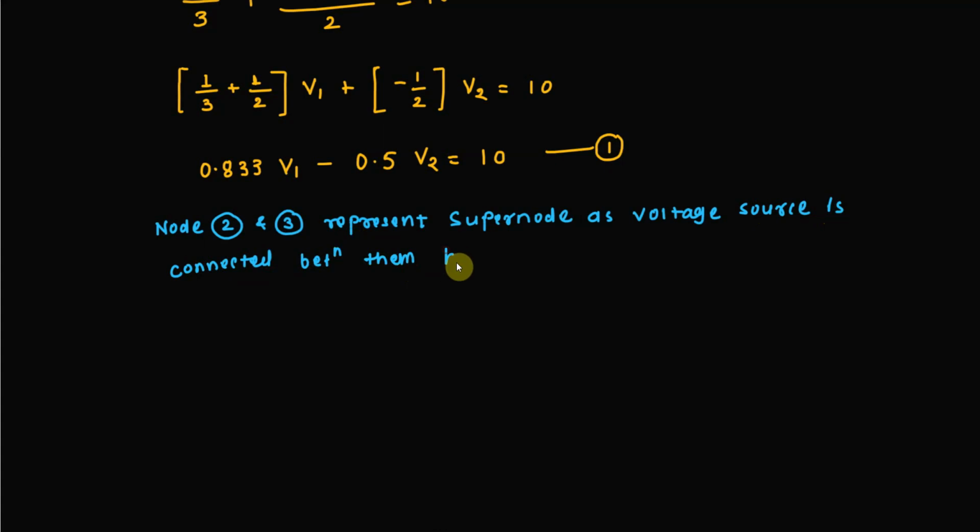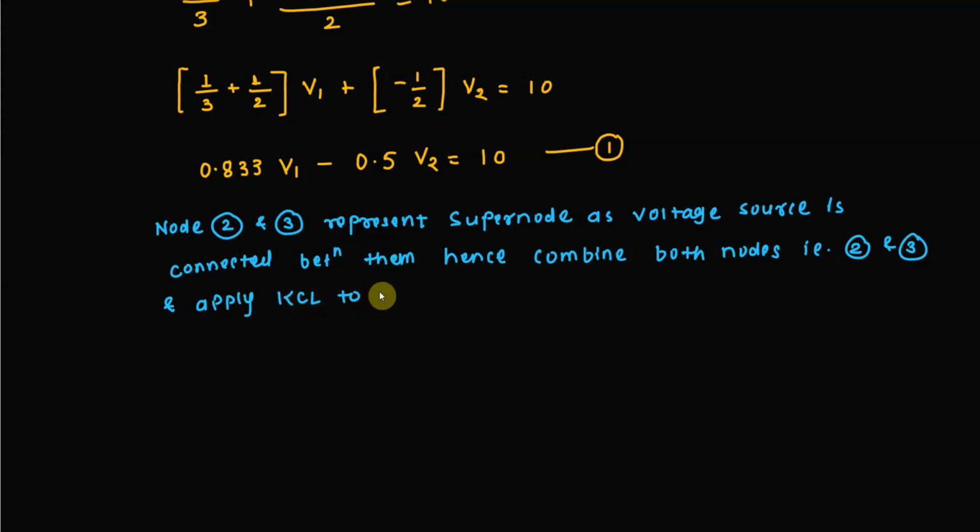Hence, combine both nodes, that is 2 and 3, and apply KCL to find out the voltage.